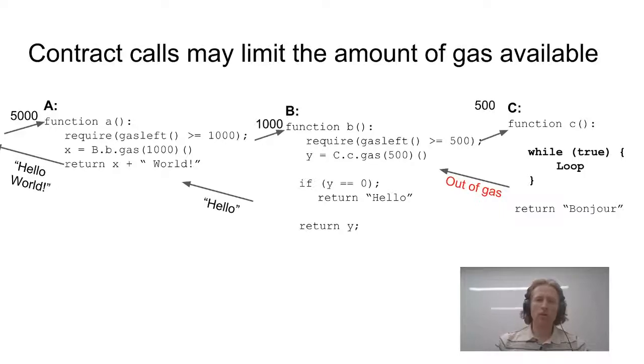If you don't limit the amount of gas that you pass to another contract and it runs out of gas, then by necessity you'll also run out of gas, and you'll get a propagating out of gas exception. So it can be smart when you're calling another contract to limit at least a little bit the amount of gas you're passing on, so if that contract happens to run out of gas, you have a little bit left to clean up and finish executing successfully.